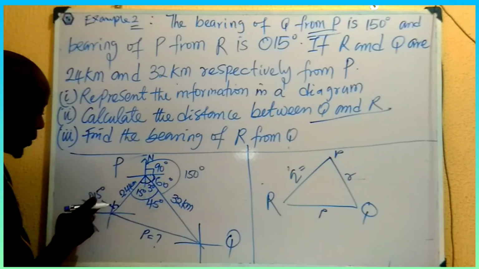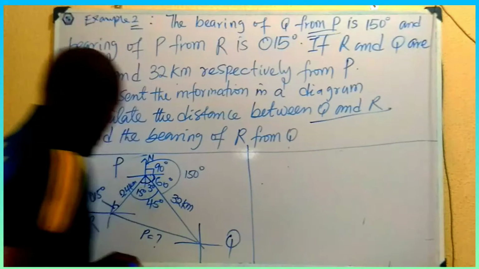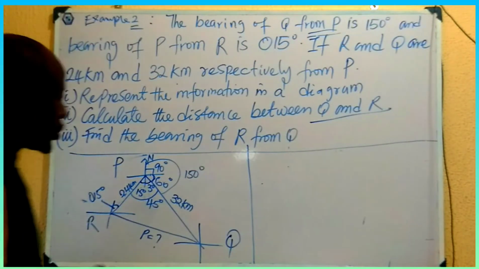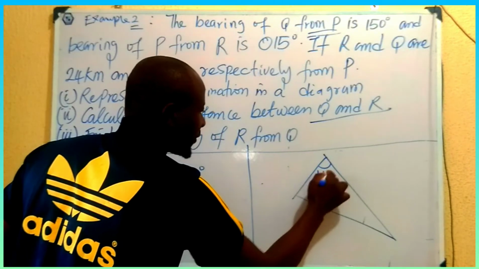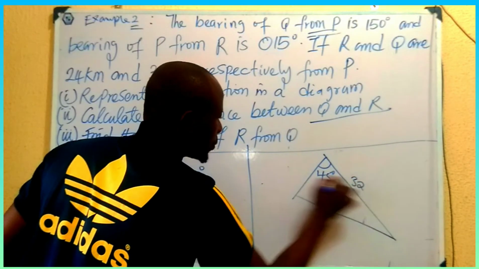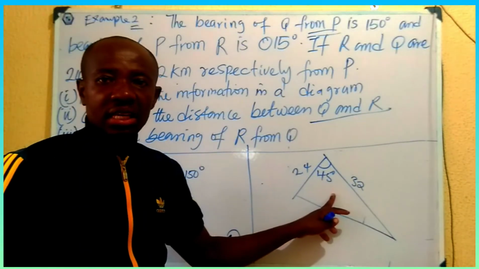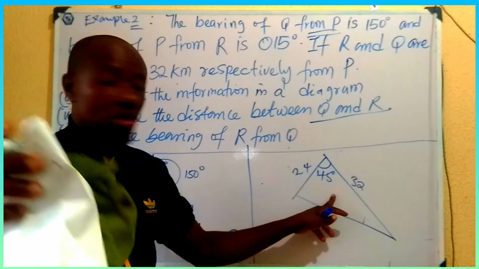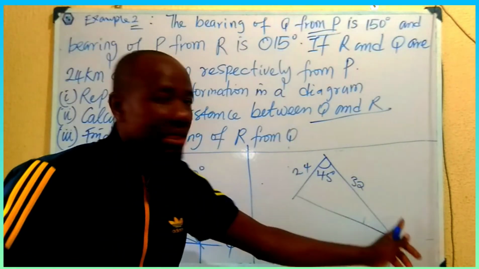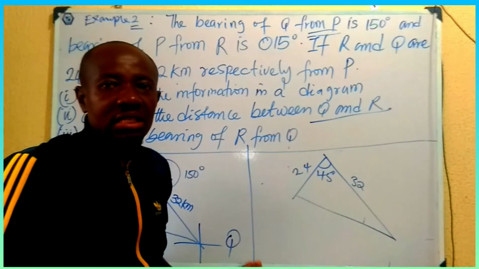Right? Okay. Now, if you look at the triangle here, we have 45 degrees here, and here is 32, and here is 24. What rule do you think is applicable to this problem? I know you remember the cosine rule, because you have two sides and the included angle, the angle between the two sides, given.